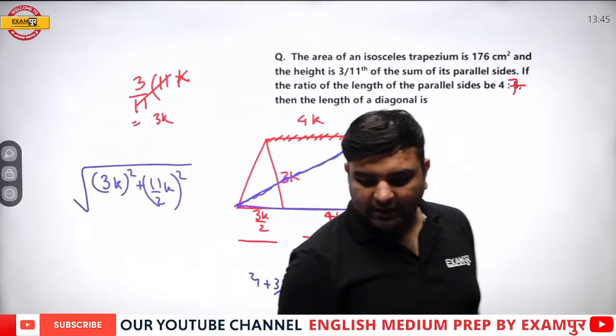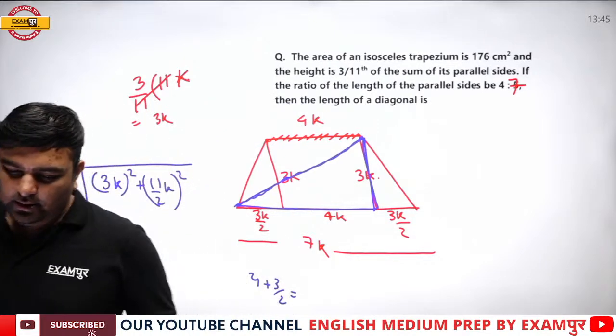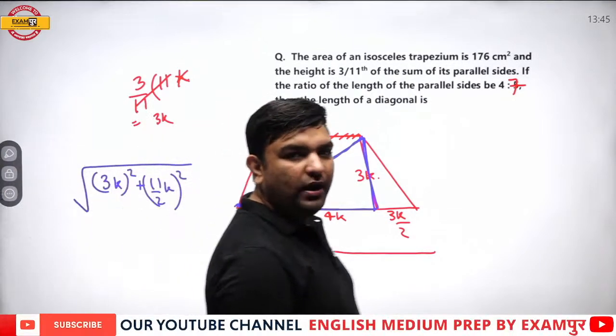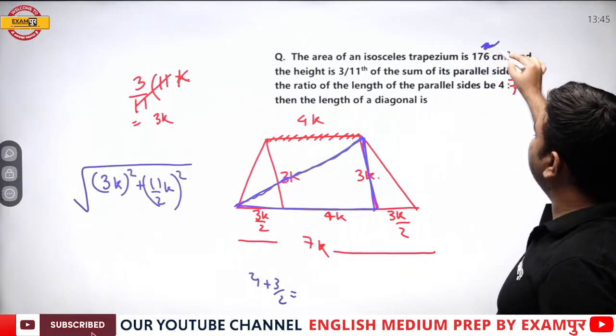For finding this out, what is required? The value of K. And for finding the value of K, this data is given.